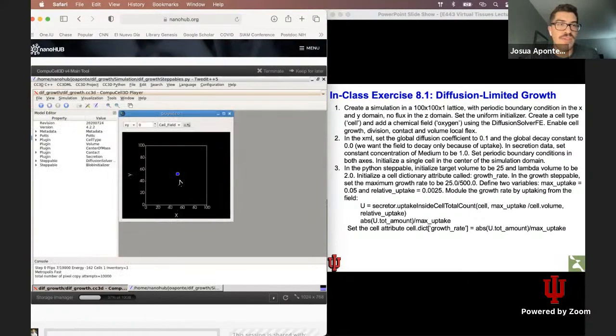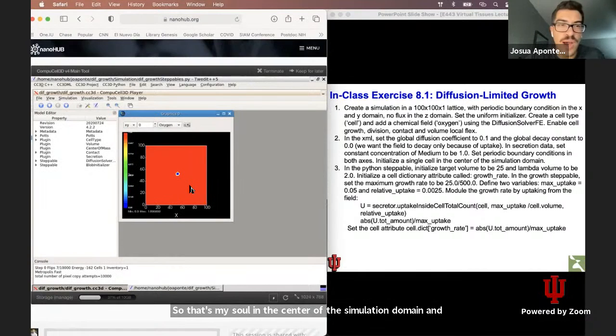So that's my cell in the center of the simulation domain. And it's 1 everywhere where there is medium, 0 in the center of the cell because that cell is not medium, so that's not how it's initialized.